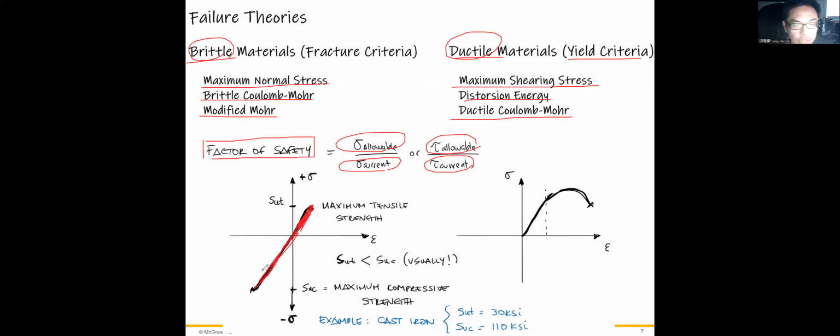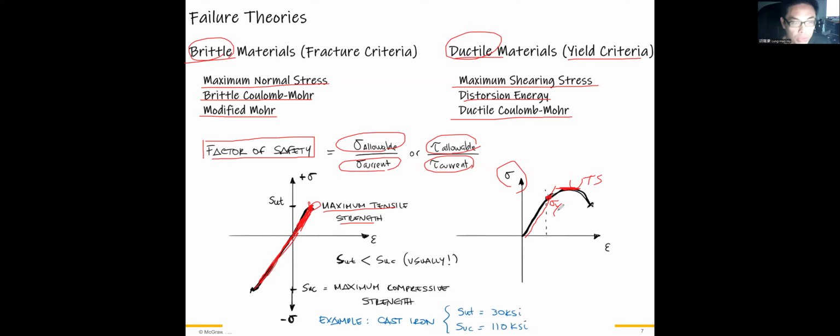The fracture strength of the brittle material is the maximum tensile strength, which is different from the ductile material. Why? Because when we apply tension to ductile materials, we are going to find the ultimate tensile stress, the UTS, and then we can define its yielding stress, sigma y, right?